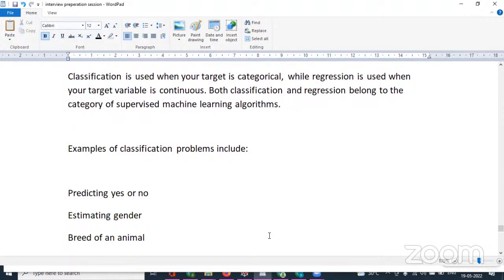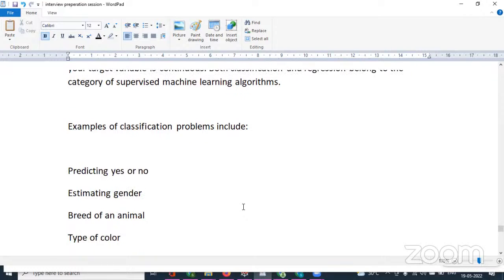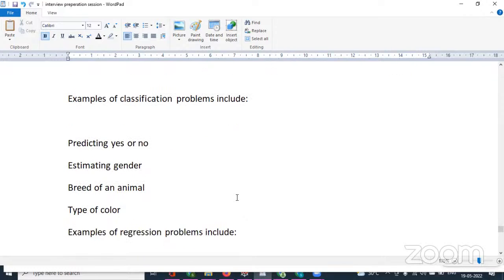Classification examples are predicting whether it is yes or no, estimating the gender, whether it is female or male, breed of animal, classification of images, type of colors. This all comes under classification.